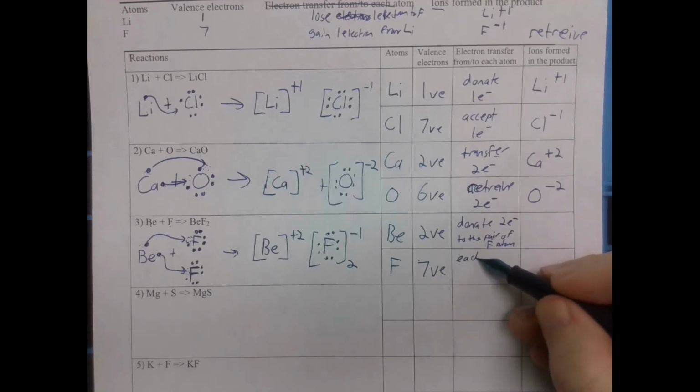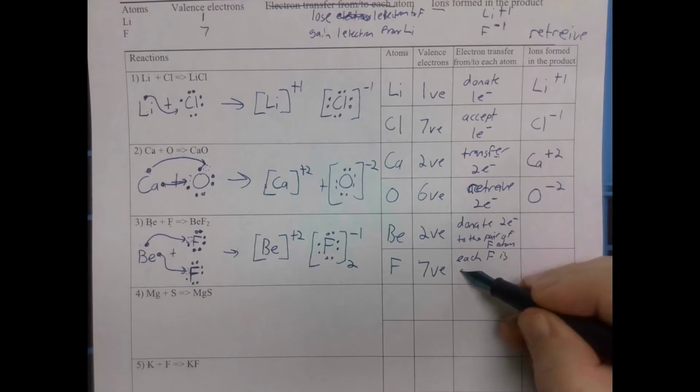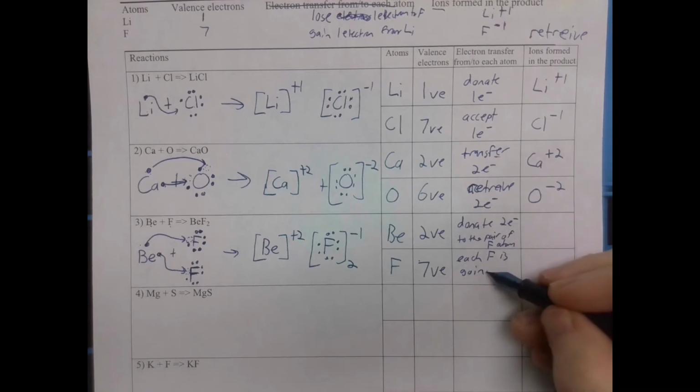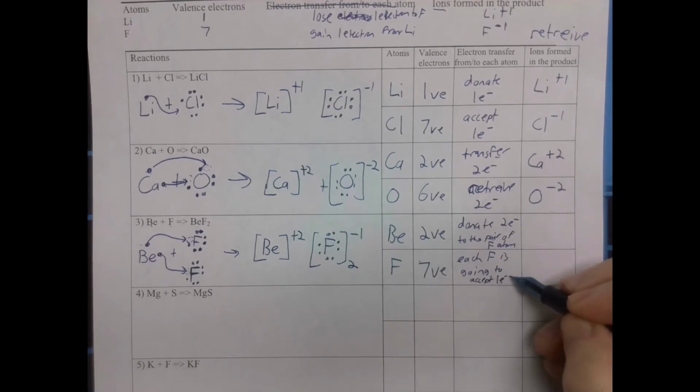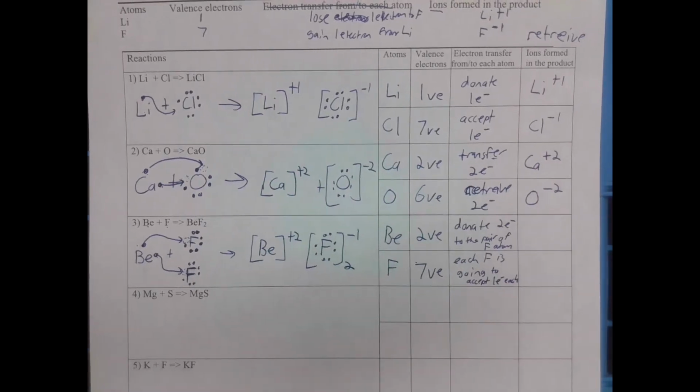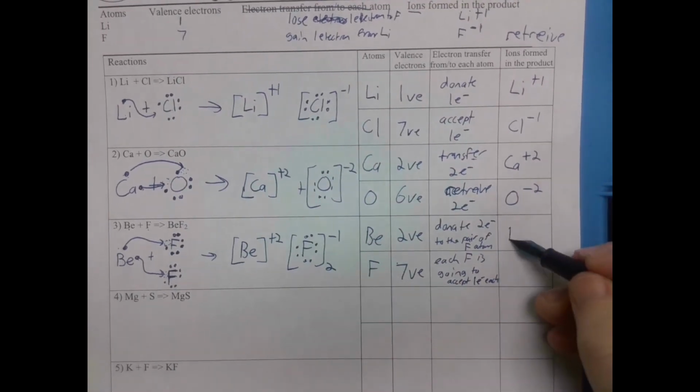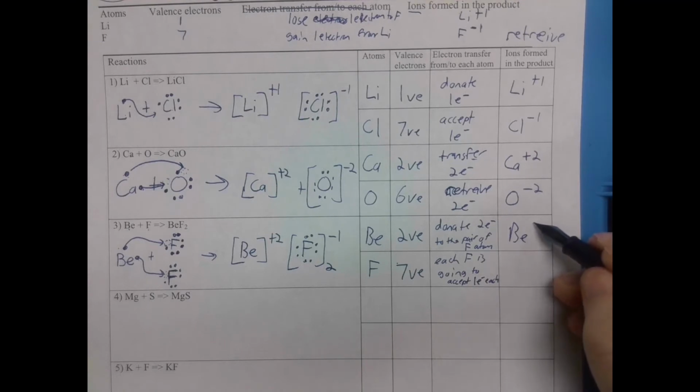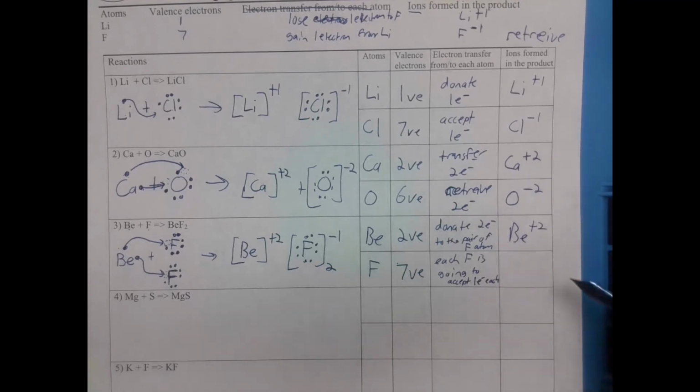Each fluorine is going to accept 1 electron each. Beryllium becomes +2. And fluorine becomes -1.